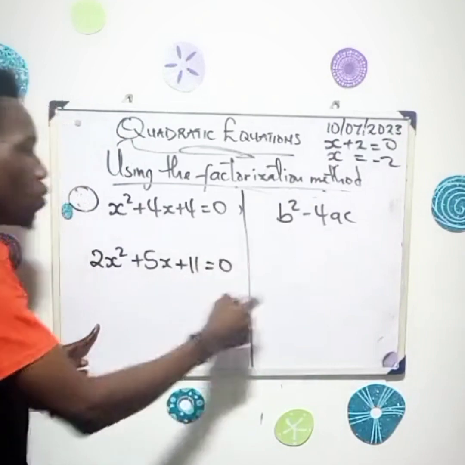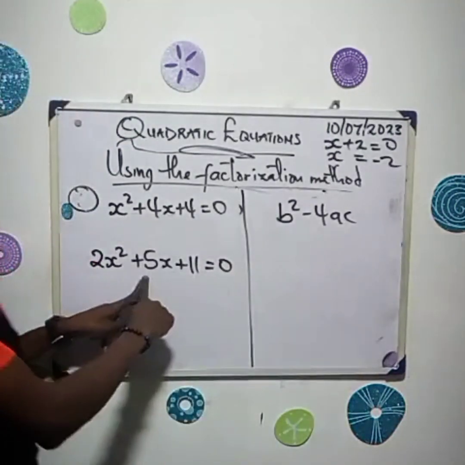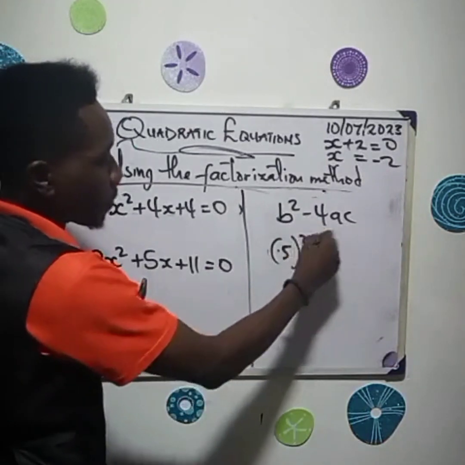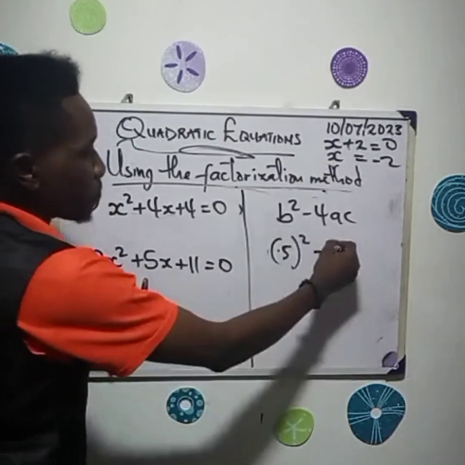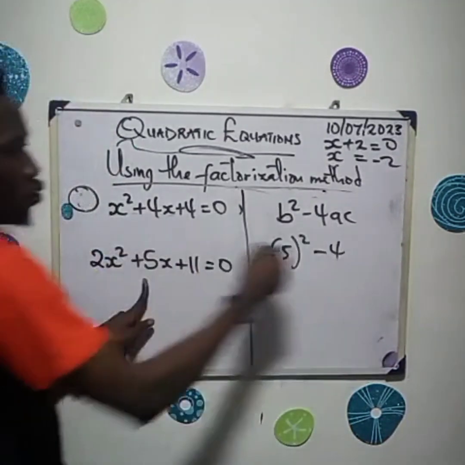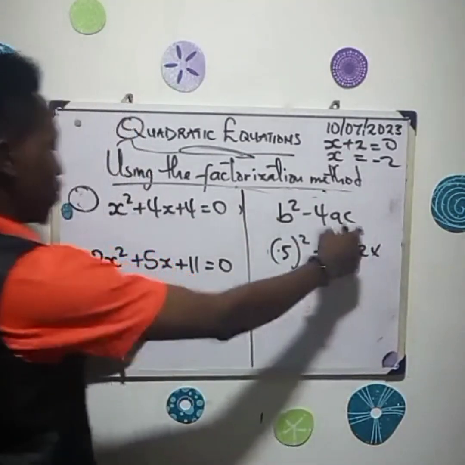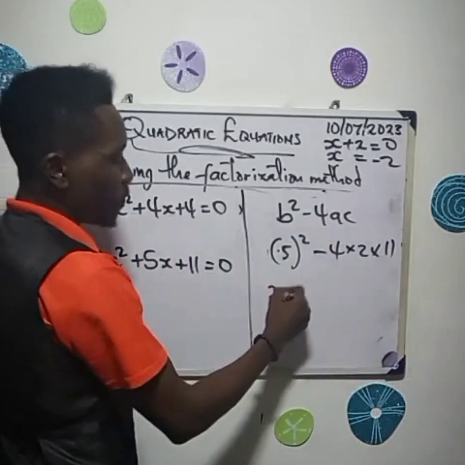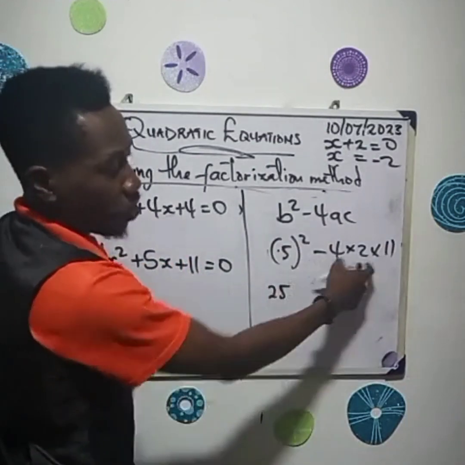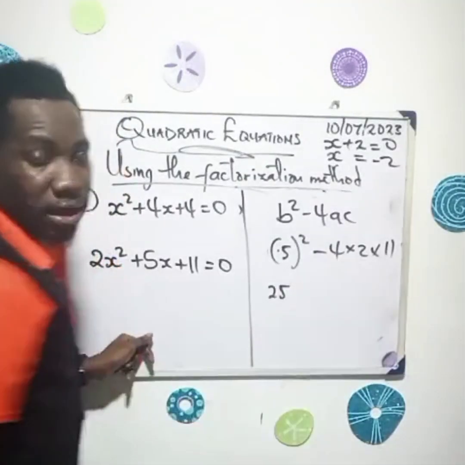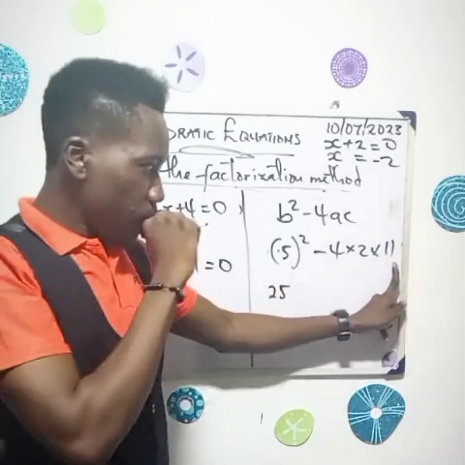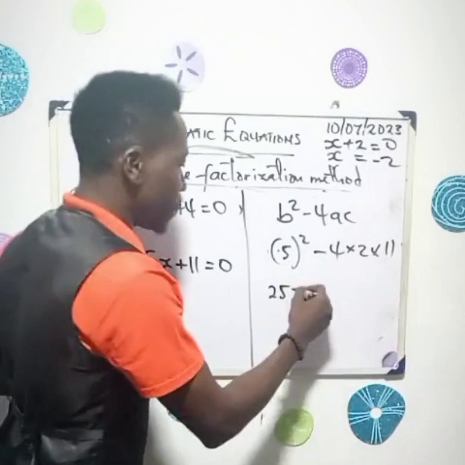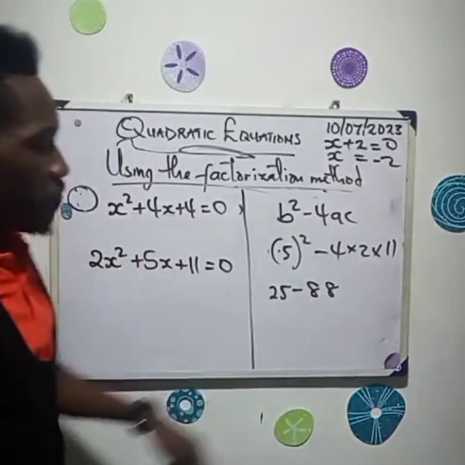What's b here? B here is plus 5. So 5 squared, minus 4 times a, which is 2, times c, which is 11. So 5 squared is 25, minus 4 times 2, minus 8, minus 8 times 11, minus 88. So 25 minus 88.